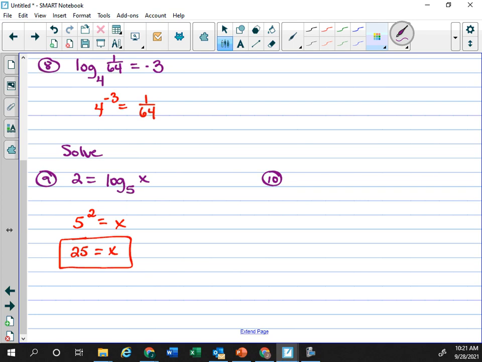All right, let's do x equals log base 2 of 8.